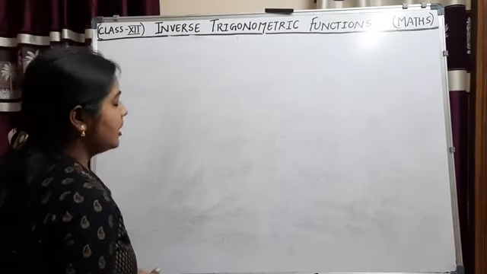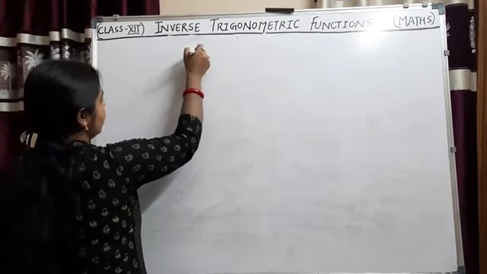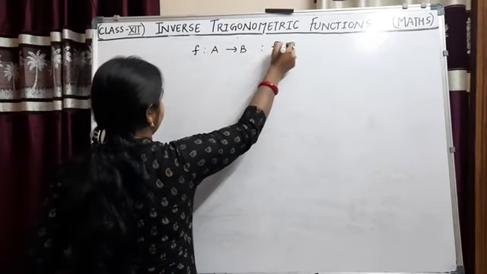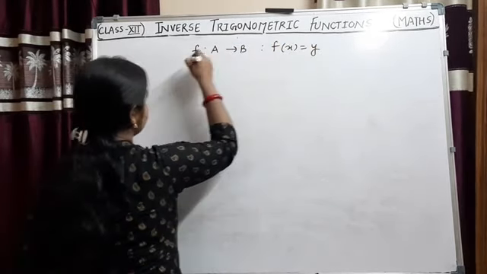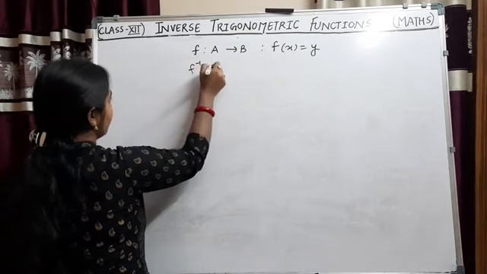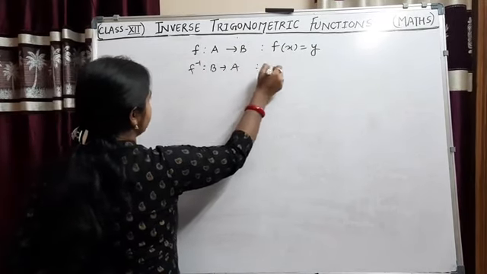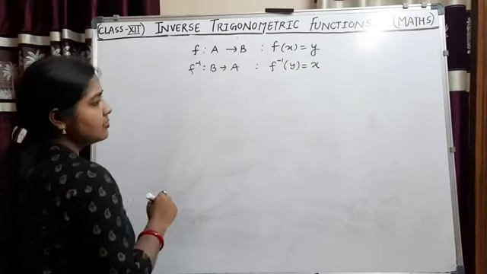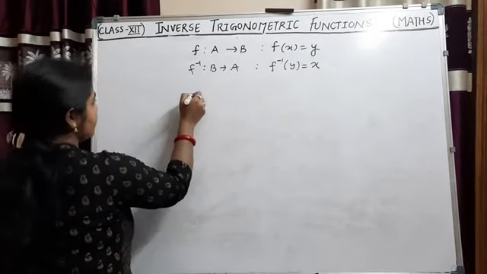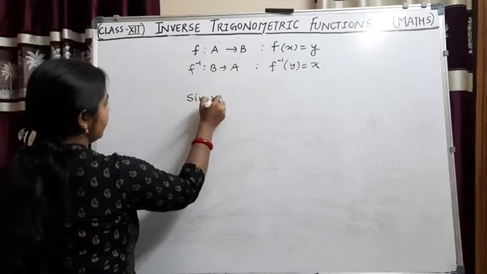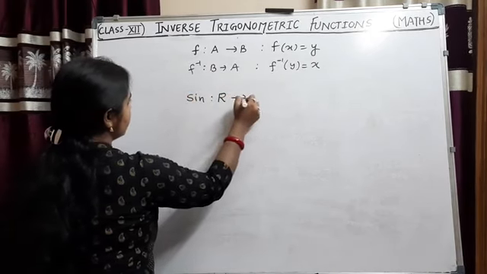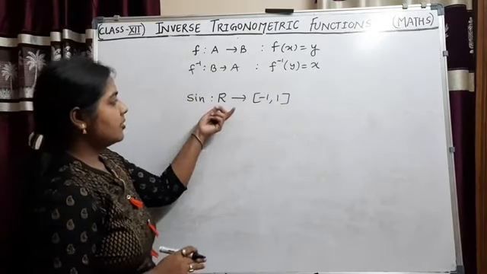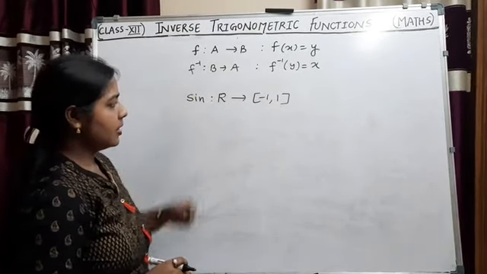So for the inverse of a function, when a function is given, f from A to B such that f(x) equals y, then we take f inverse from B to A such that f inverse of y equals x. A similar pattern we will take for sine also. So the general sine function from all real numbers to minus 1 to 1, we can't take this format for finding the inverse because this is not 1-1 onto.